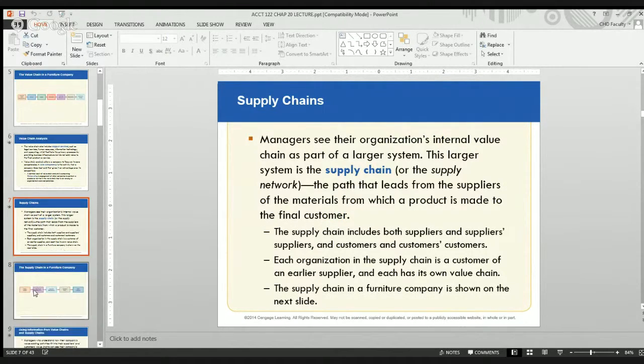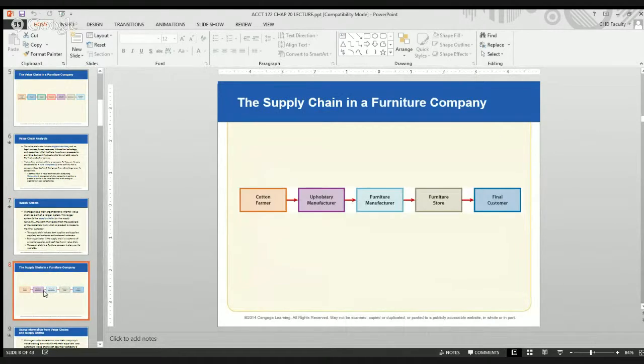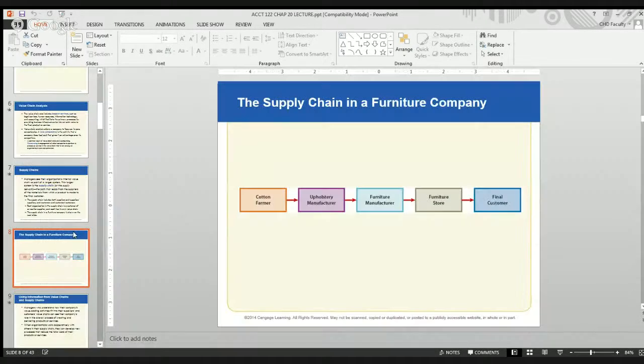Then we're going to touch on supply chain, or another word for supply chain is the supply network. So this is really where the flow of the materials is coming from, how it's moving through the whole business process. So we take a look at that as well. Looking at the example of the whole furniture company, from where they get the raw materials.